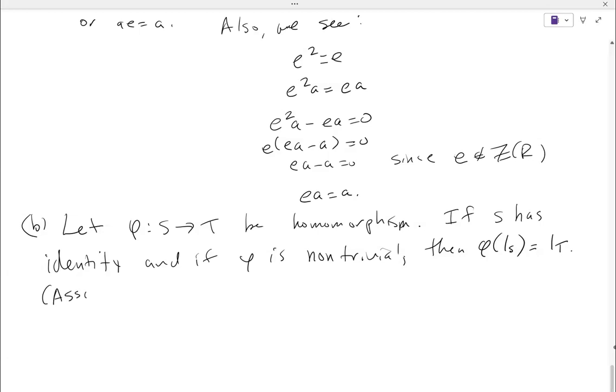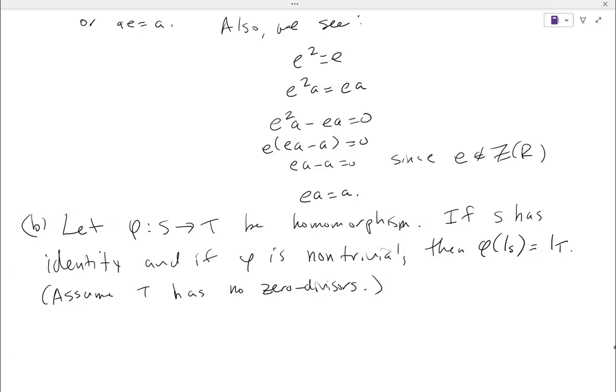We need one more thing. Assume T has no zero divisors. So how does this relate to the previous part?